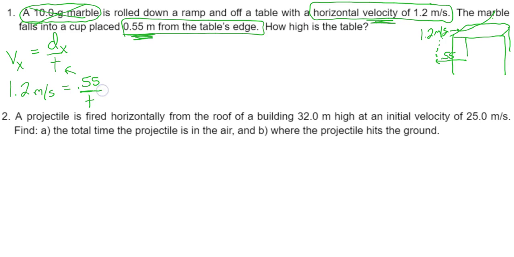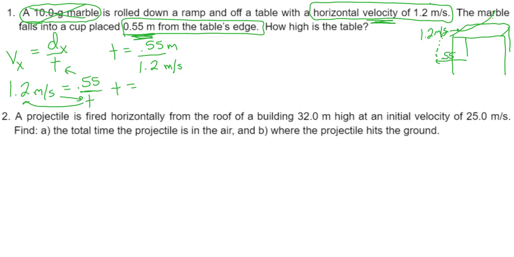If I rearrange the equation, I'm going to get time is equal to 0.55 divided by 1.2. In other words, I multiplied both sides by time, and then I divided both sides by 1.2 in order to rearrange that, so t equals 0.55 meters divided by 1.2 meters per second.